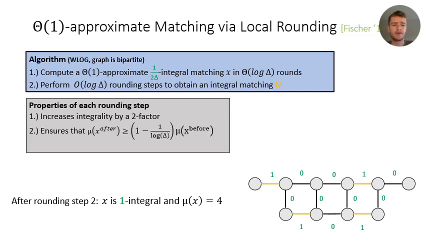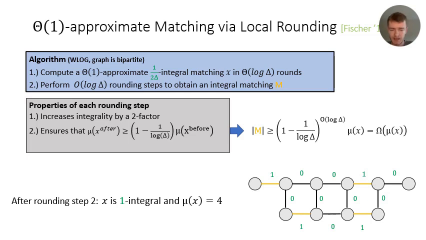Moreover, each rounding step ensures that the matching size decreases by at most a 1 - 1 over log delta factor. And why is this useful? Because we have order log delta rounding steps in total, and in each step the matching size decreases by at most a 1 - 1 over log delta factor. Hence, at the very end, we still have a constant approximate matching, but this time it's integral.